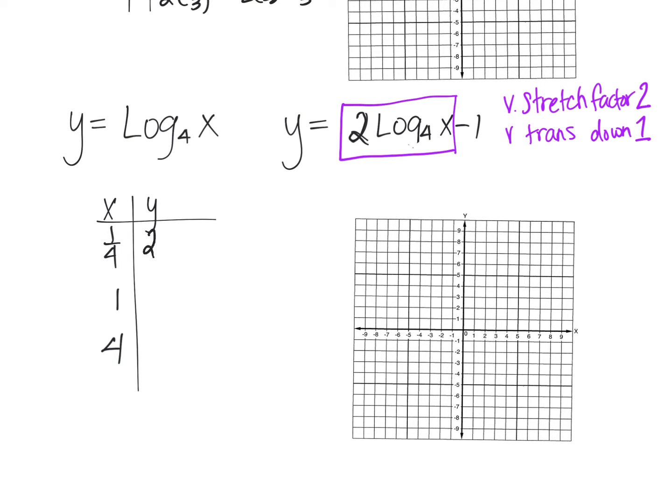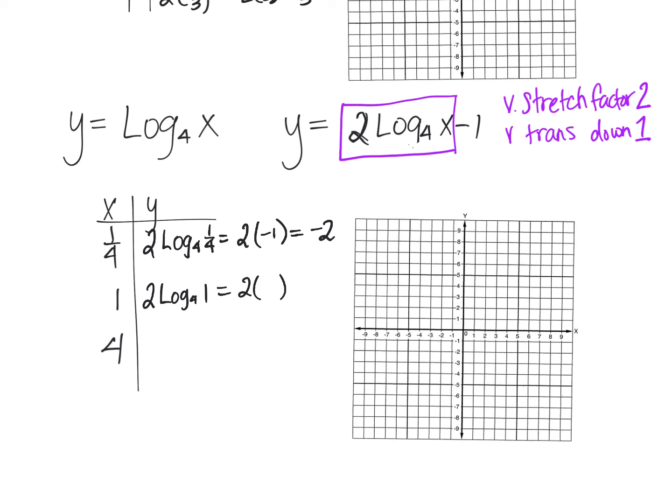So I have 2 times the log base 4 of 1/4. What's the log base 4 of 1/4? -1. So 2 times -1 equals -2. Then I have 2 log base 4 of 1.